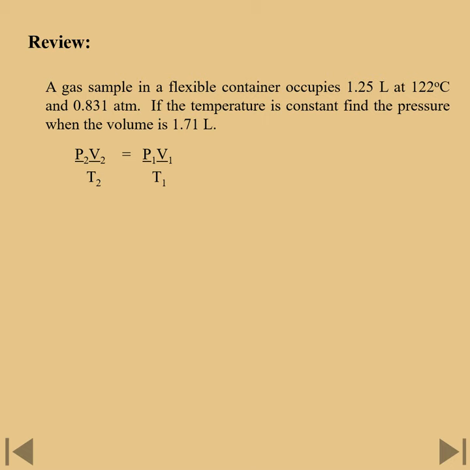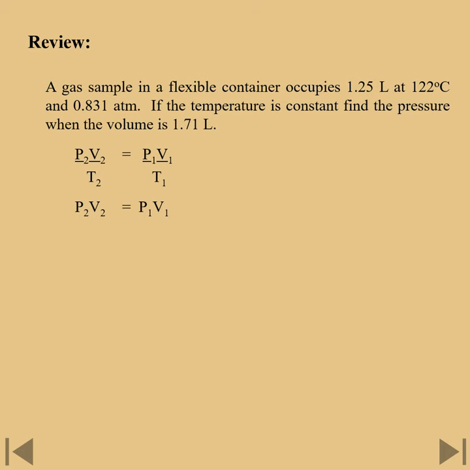Now, if you have an instance like this one where the temperature is constant, then those two variables cancel out, meaning the temperature units cancel. And that then gives us the pressure-volume relationship, Boyle's law. So again, we didn't need to separately remember Boyle's law because it came right out of the combined gas law equation.